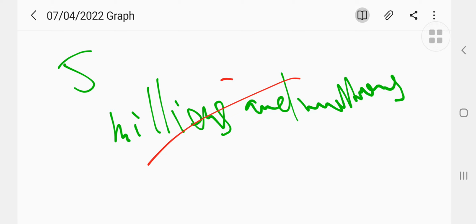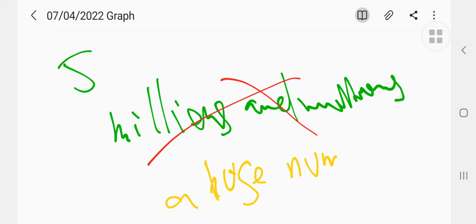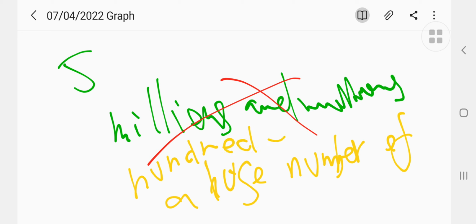So we don't say millions and millions of animal species, but we need to say a huge number of, or hundreds of millions of, with double L, millions of.